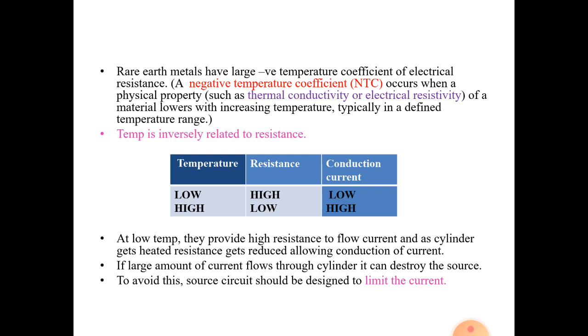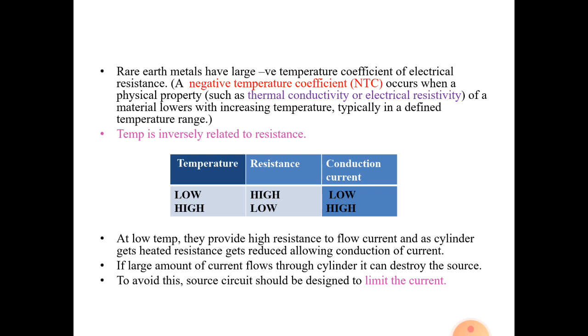Here, the rare earth metals used have a negative temperature coefficient, NTC. It is a physical property of the material where resistance lowers on increasing the temperature. That is, temperature is inversely related to resistance. So, when the temperature is low, the resistance value is high and the conduction of current is low.